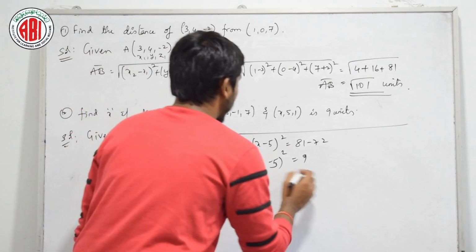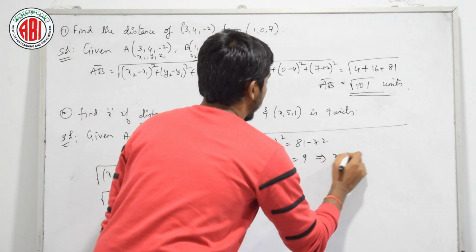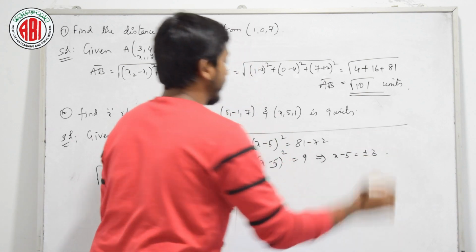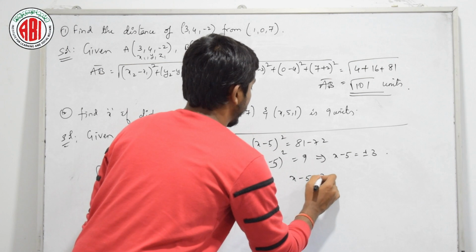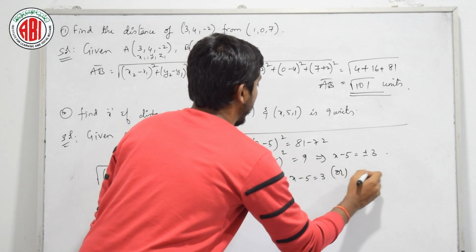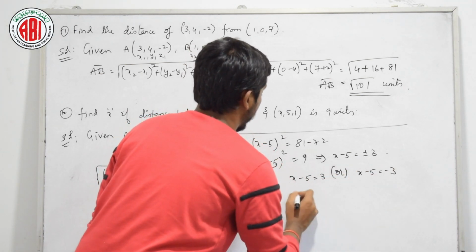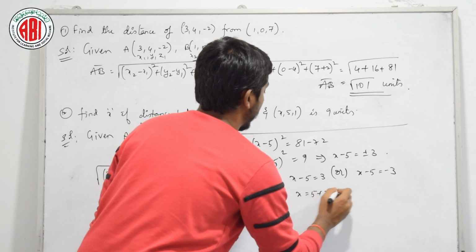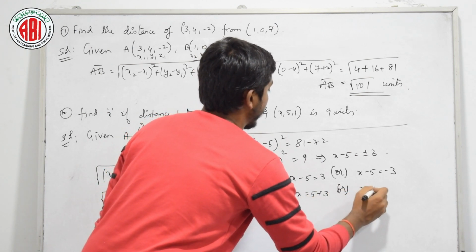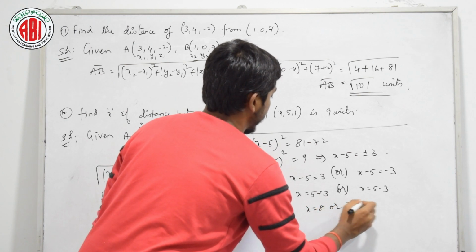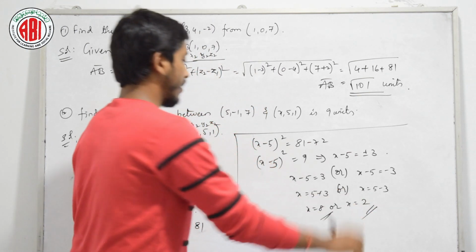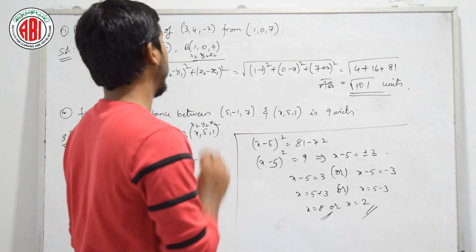It will become either x minus 5 is equal to plus or minus 3. Isn't it? Let us write it separately. Either x minus 5 is equal to 3 or x minus 5 is equal to minus 3. x is equal to 5 plus 3 or x is equal to 5 minus 3. x is equal to 8 or x is equal to 2. These are the two solutions for the given question.